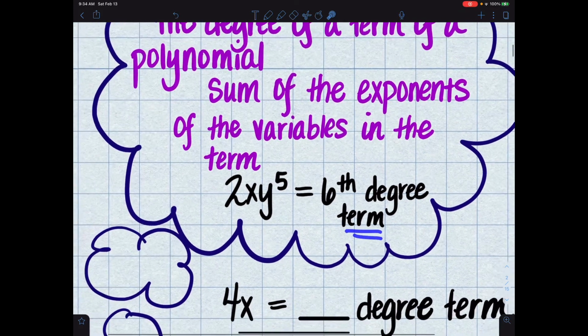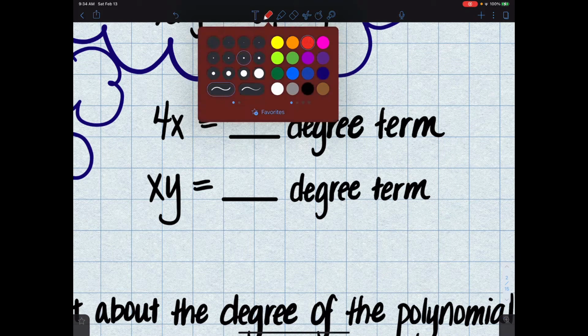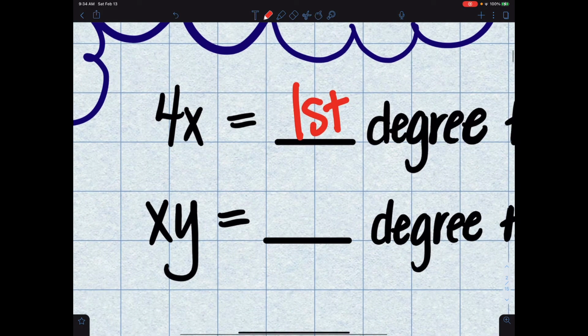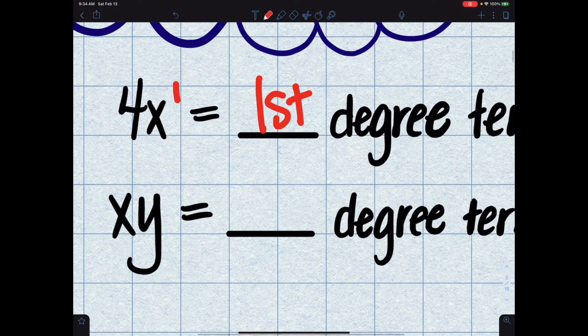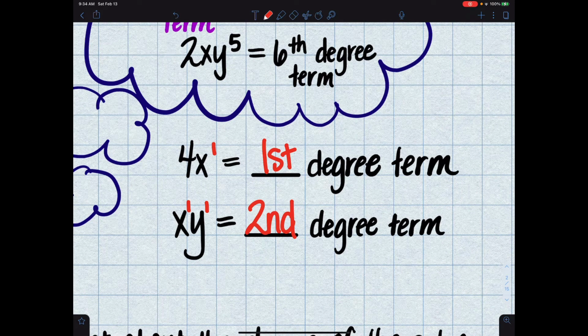If we have something like 4x, that's going to be just a first degree term because whenever there's an x just like that, the exponent is 1, so when you add the exponents, all you get is 1. What about the one under it, xy? Each of these has a little 1, and this turns out to be a second degree term. Okay? You starting to remember this? You're dusting off the recesses of your brain and pulling out this information.